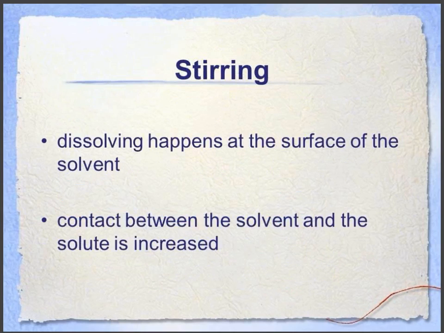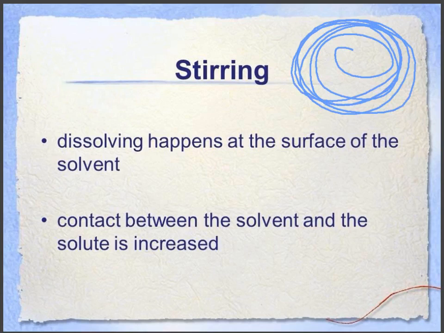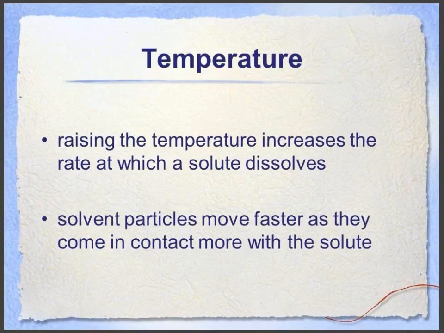Aside from surface area, we also have stirring. The contact between the solvent and the solute is increased through stirring the solution, which increases the rate of dissolving of a particular solute.